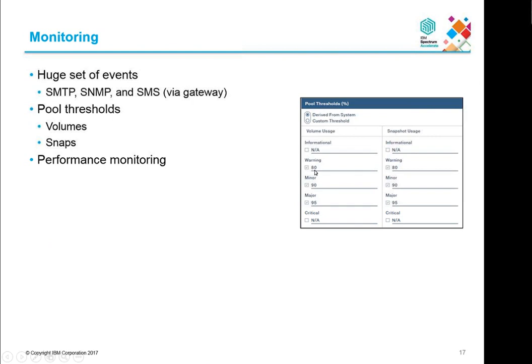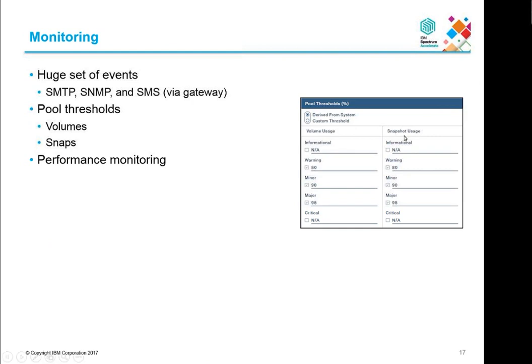Sometimes I'll set warning to 70, minor to 80, major to 90, and critical to 95. So I've got a bigger gap between warning and minor, minor and major, and then a smaller gap between major and critical. Obviously I don't want as much time to go by once I'm already over 90% before getting the 95% warning, so that somebody is alerted and hopefully some action is taken.